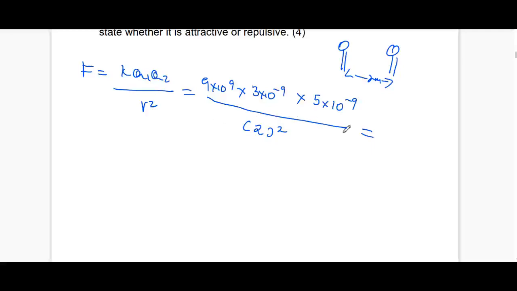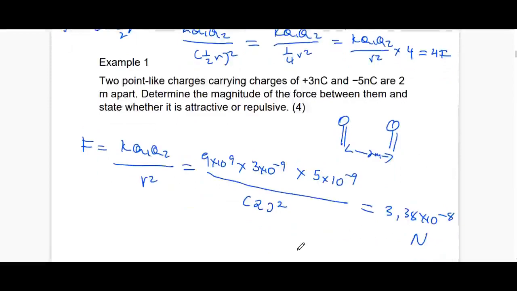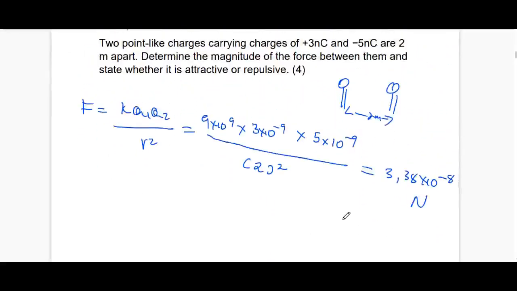The force that I get is 3.38 times 10 to the power minus 8 newtons.